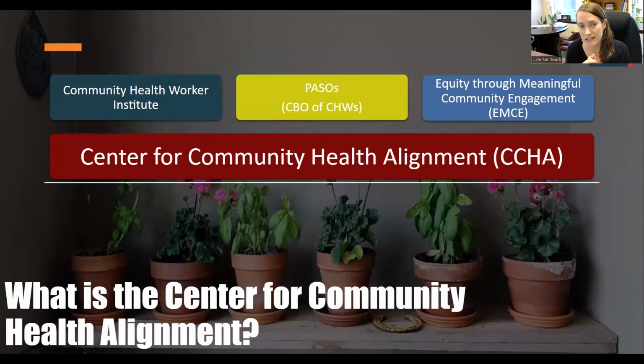And those three entities are the Community Health Worker Institute, and then PASOS, which is really important because PASOS is a community-based organization made up of CHWs who work within Latino communities throughout South Carolina. And then we have another bucket of work called Equity Through Meaningful Community Engagement. So you'll see us interacting with you as the Envision Center, but you also may see that we're part of the Center for Community Health Alignment, and just wanted to let you know a little bit what that meant and who we are.